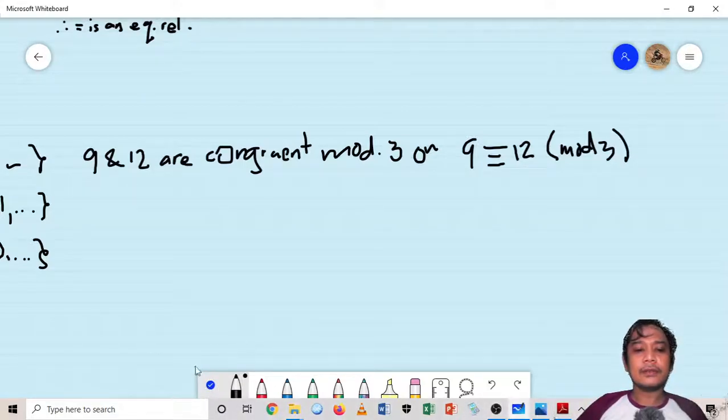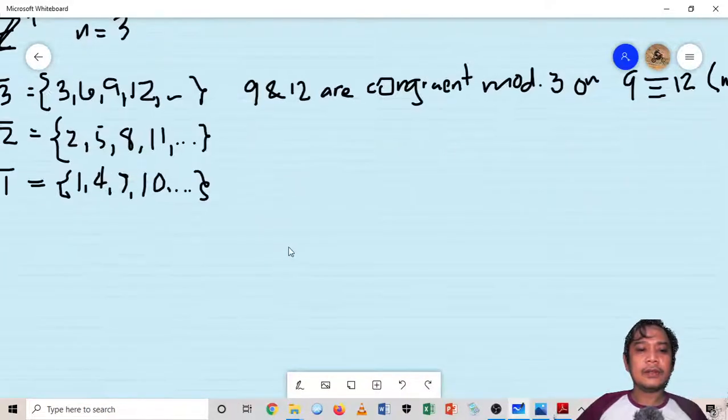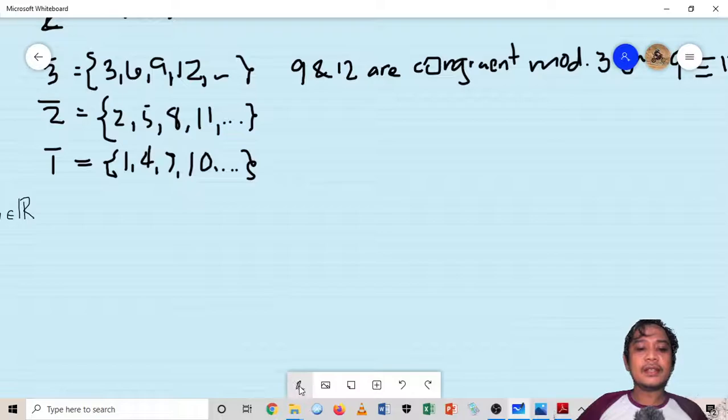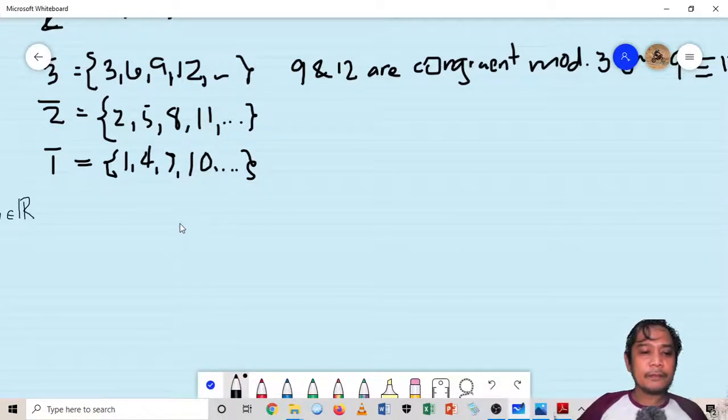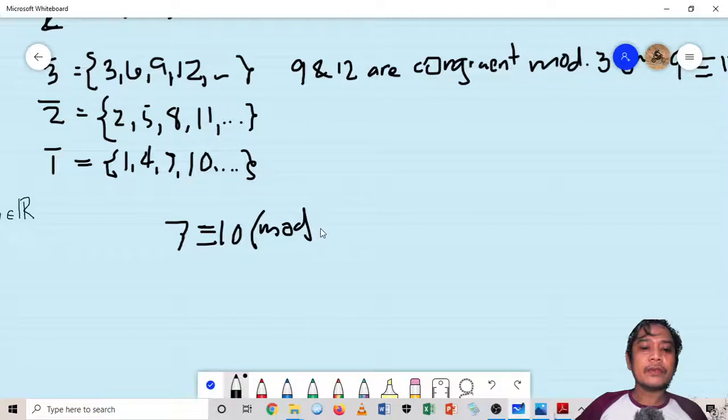Also, we see that 7 is congruent to 10 modulo 3.